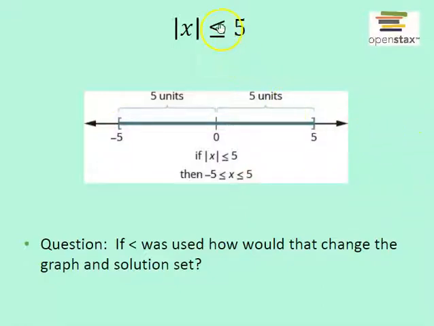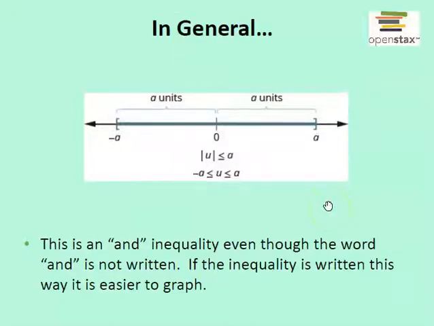So this means that if we're looking at an absolute value inequality with less than or equal to, or simply less than, we could translate that into an and inequality. In general, if we don't have just one variable x, but some sort of algebraic expression, u, then u is less than or equal to a in absolute value means that the expression lives somewhere between negative a and positive a, or anywhere in between.